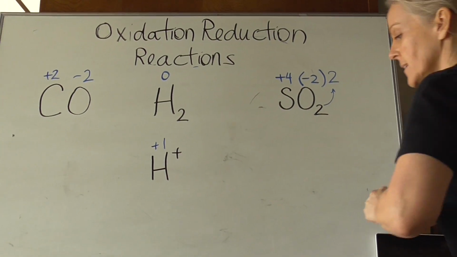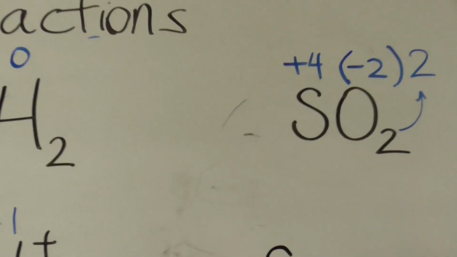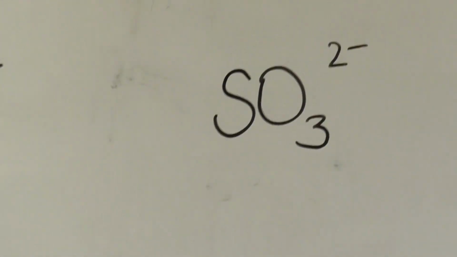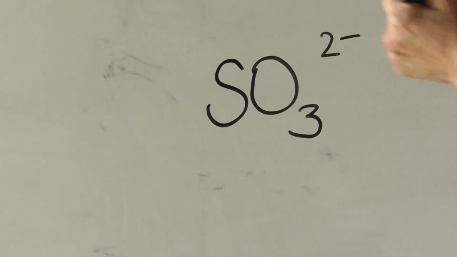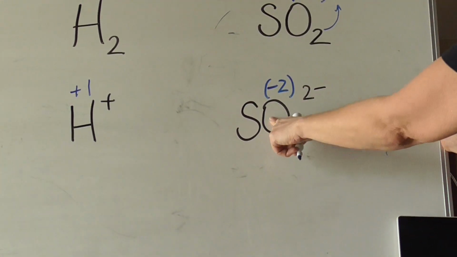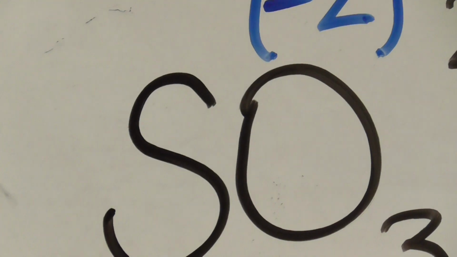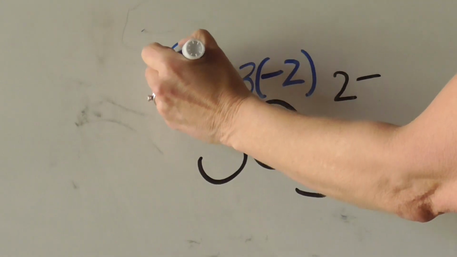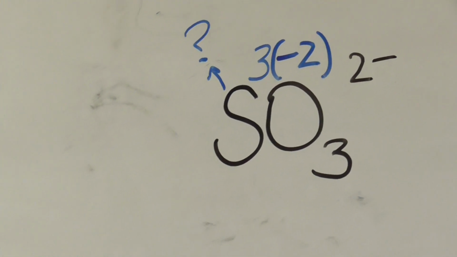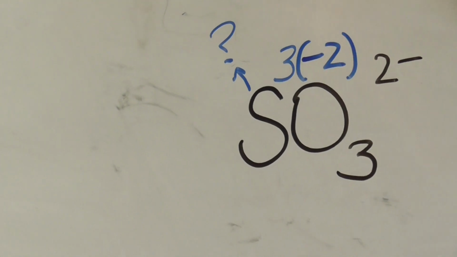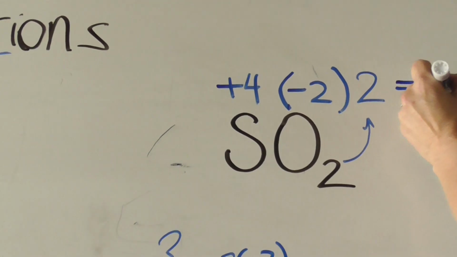But if we had, let's say, one of our polyatomics. Let's do SO3 2-. So same process, -2 for oxygen itself. There's 3 of them. So let's put that here. Sulfur, we don't know what it is. But we know all of this needs to add together to be -2. Before, all of these needed to sum up to equal 0.